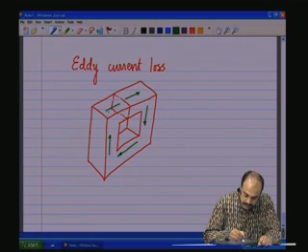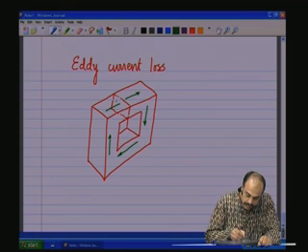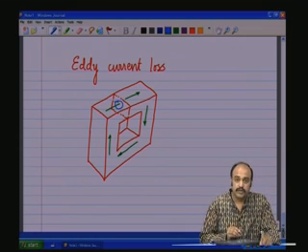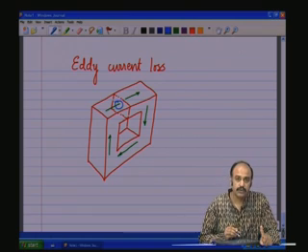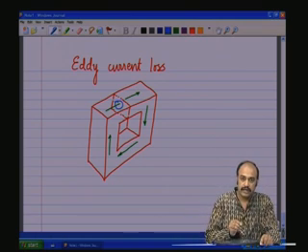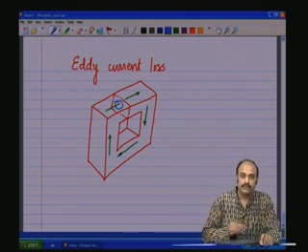As the flux is going through this core, of course, due to a magnetic field intensity, there is going to be a current loop like that. Because we saw that the converse of Ampere's law is also true. If there is a current in the conductor, there is a flux around the conductor.